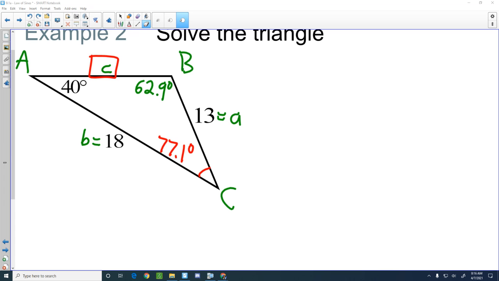Getting it? Yeah. So the 77 over C, right? We don't know that one. This, though, can be any other combination with either the A's or the B's, because I know angle A, side A, I know angle B and side B. So you can pick either one of those, the A's or the B's, for that second fraction. So you can do like sine of 40 over 13, or you could do sine of 62.9 over 18. And both of them will give you the correct answer.